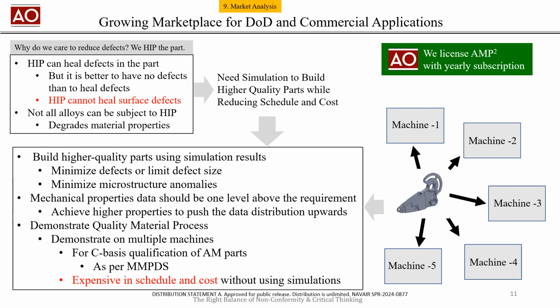It aims to achieve mechanical properties data one level above the requirement and push the data distribution upwards. Also, the metallic materials properties development standardization requirement for part qualification is to demonstrate ability to produce quality parts using multiple machines. This requirement is difficult to fulfill without the use of simulation to design the process parameters and to understand causality of any potential differences between machines.